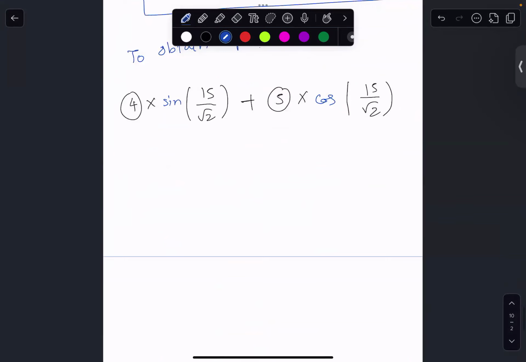And similarly, we do a similar operation to obtain f on the left hand side.